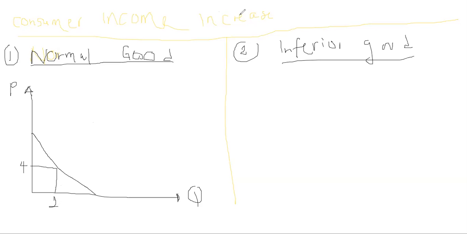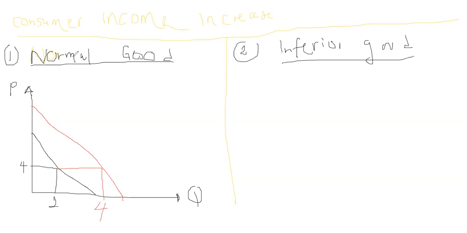So let's assume that consumer income increased. An increase in consumer income, how will it affect normal goods? When income increases, the demand for a normal good will also increase. So the demand curve will shift to the right. At the same price, we extend this, and then we will have a new quantity demanded, which could be, let's say, 4.